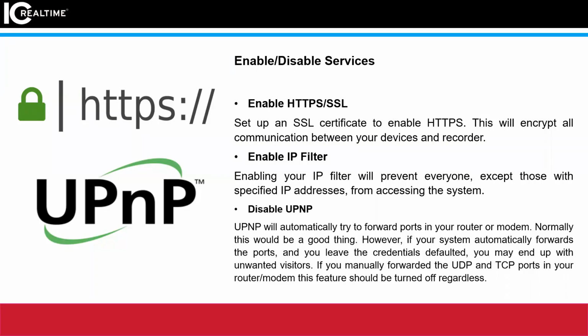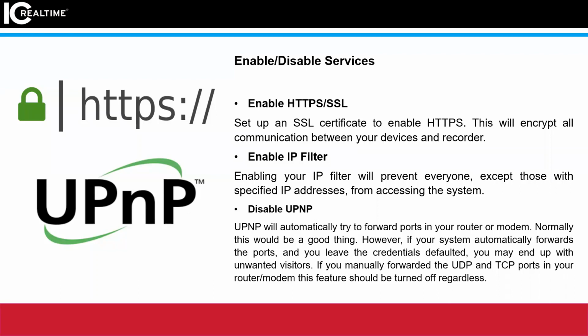Many times the user will attempt to gain access to the recorder. You use an IP filter to filter out all of those IP addresses that cannot have access to the recorder, and only give access to the people on the network that should have access, whether it's going to be executives, C-level executives, or the network administrator.